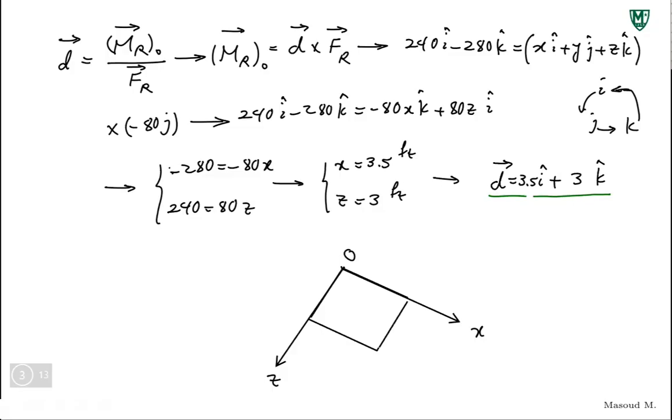Thank you. So this means that if I move this force that was initially at point O and some moment there, if I move it d amount somewhere here, this is vector d, you can think about it this way. This is D, with these components: 3.5 in X direction, 3 in Z direction.